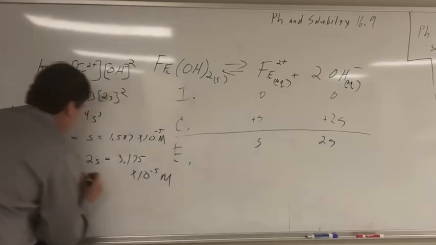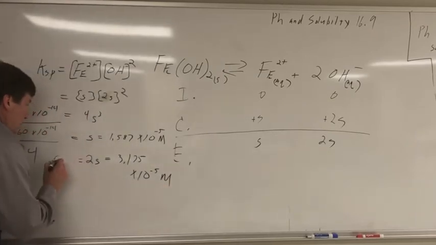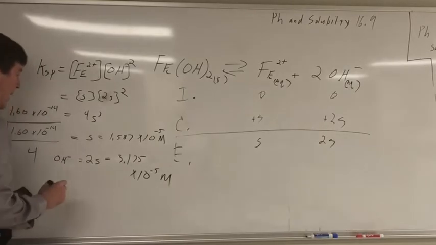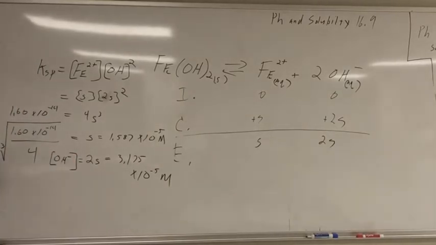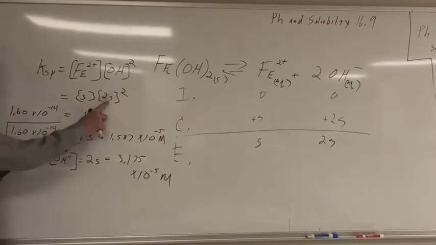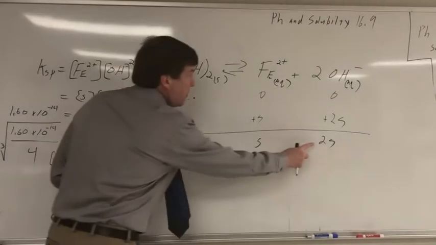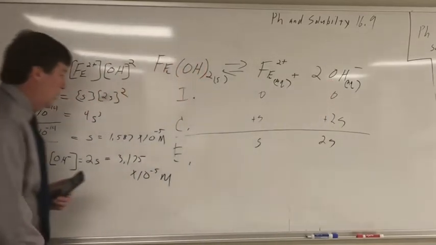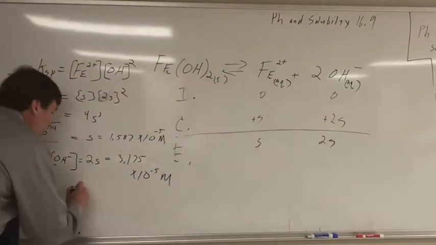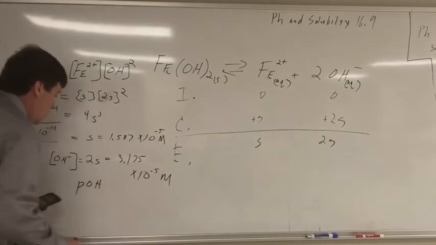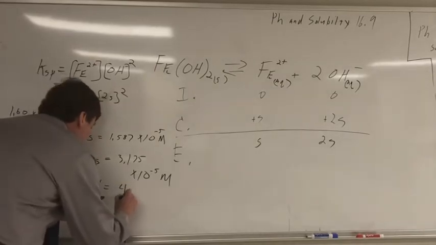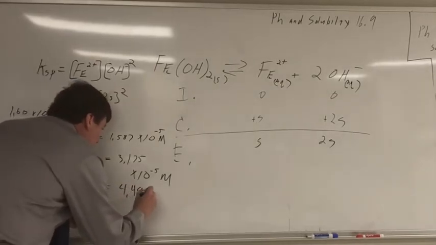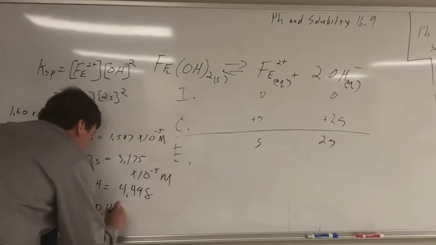That's big M. And notice that equals my hydroxide ion concentration in moles per liter. So take a look at that value. That is the concentration in moles per liter. So then we'll go with the pOH. Looks like it's 4.498, and then we'll get the pH.